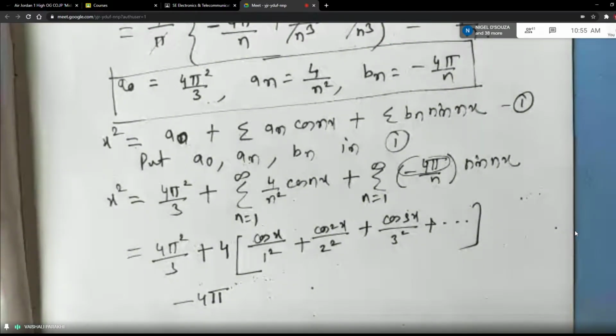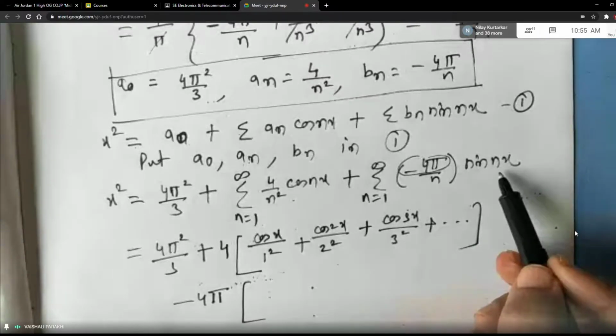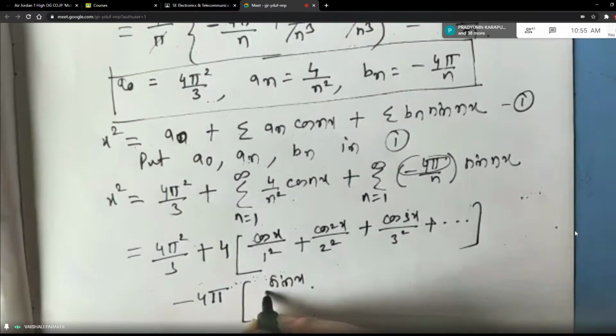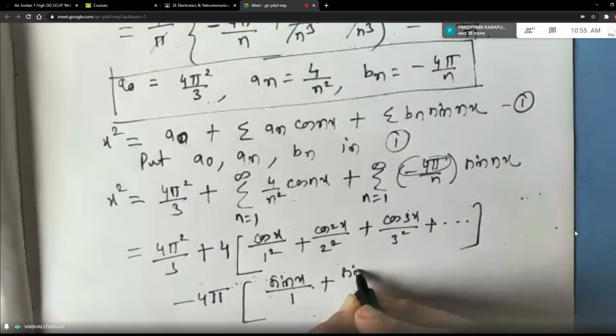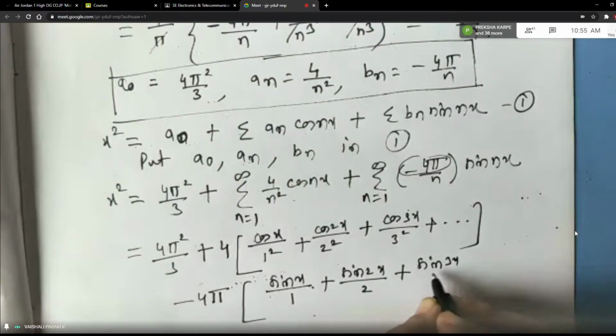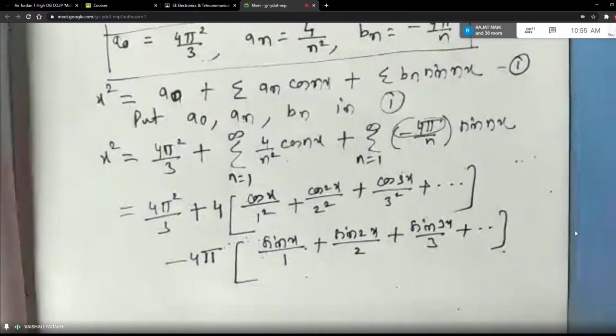So minus 4 pi I am taking out. And then what happens? Again I will repeat the same thing. First I will put n is equal to 1, so it will be sin x by 1. Then I'll put n equal to 2, sin 2x by 2. Then it will be sin 3x by 3 and so on. So I have expanded the second and third term by taking out the constants.